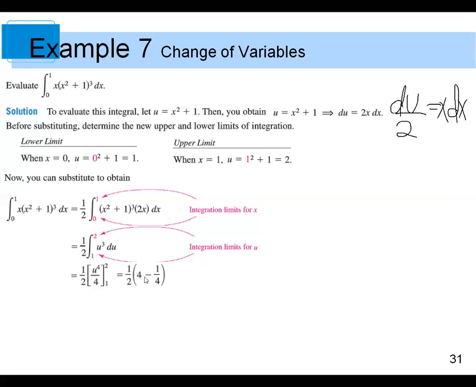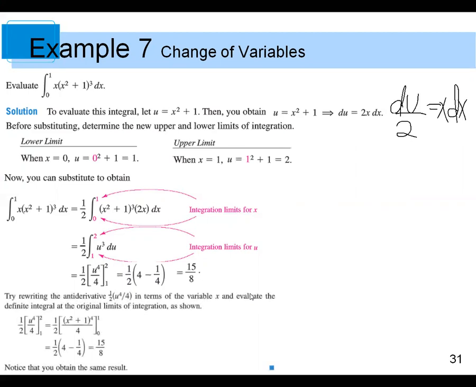If I plug in 2, I'll get 16 over 8. And if I plug in 1, I would just get 1 over 8, which simplifies to 15 over 8. All right, so try rewriting the antiderivative in terms of the variable x and evaluate the definite integral at the original limits of integration.